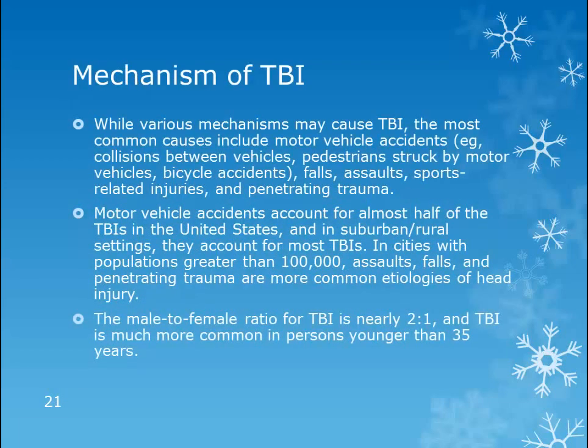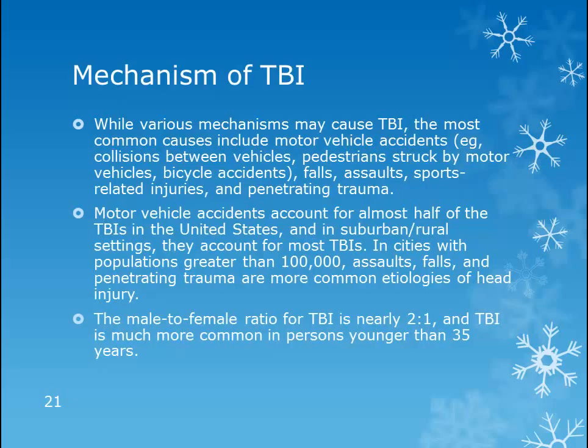Mechanisms of traumatic brain injury. While various mechanisms may cause traumatic brain injury, the most common causes include motor vehicle accidents, for example, collisions between vehicles, pedestrians struck by vehicles, bicycle accidents, falls, assaults, sports-related injuries, and penetrating trauma.